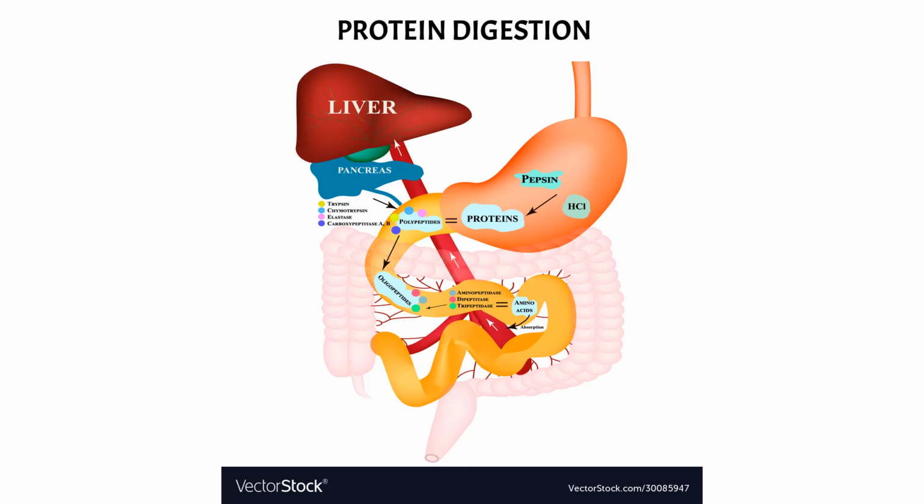This movement of individual amino acids requires special transport proteins and the cellular energy molecule, adenosine triphosphate. Once the amino acids are in the blood, they are transported to the liver.